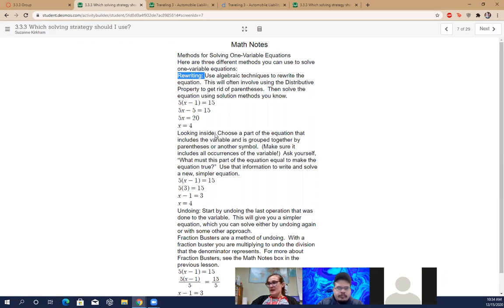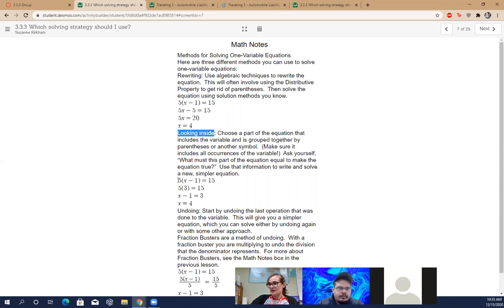The next way to solve for a variable is looking inside. Looking inside is where we choose part of the problem, especially if it's grouped in parentheses, and we say, I know what that would equal.